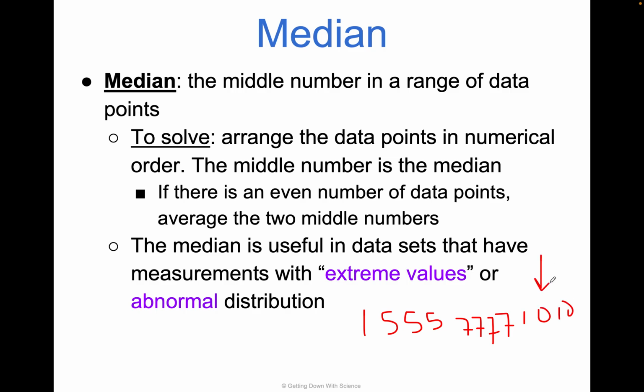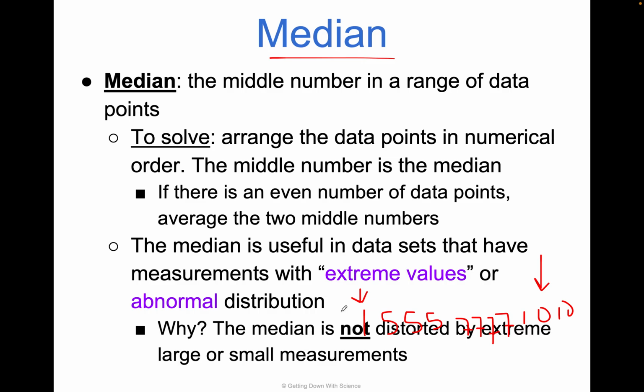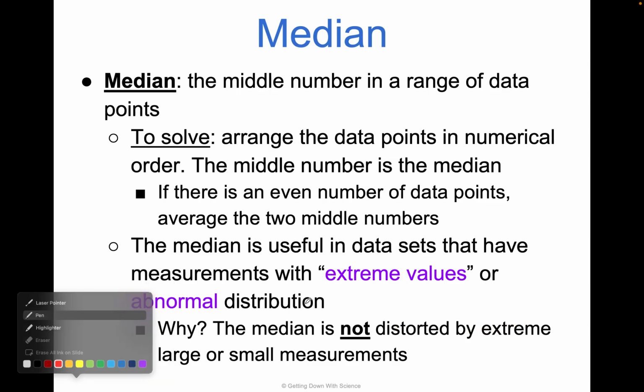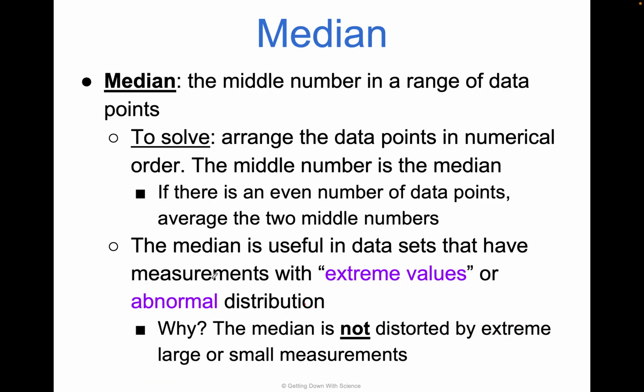This 10 and this 1 are your outliers. Those are your extreme values. So getting the median number kind of gives you a good idea of what the middle is, instead of getting an average. So median is not distorted by big or small numbers. So in our former example, when there's a bunch of 5s and a bunch of 7s and there's that 1, that 1's going to throw everything off.